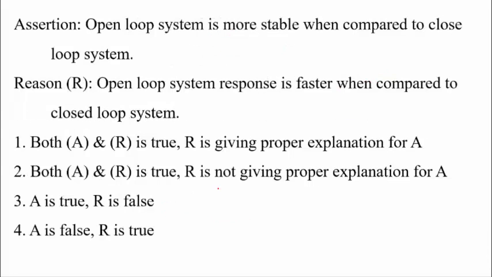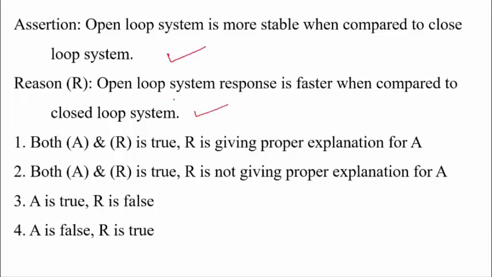Option 4 is correct. Open loop system is more stable when compared to closed loop system. Yes, because in the case of closed loop system, we can make use of negative feedback and positive feedback, and the system may become stable or may not become stable. The reason they are specifying is that open loop system response is much faster when compared to closed loop system.